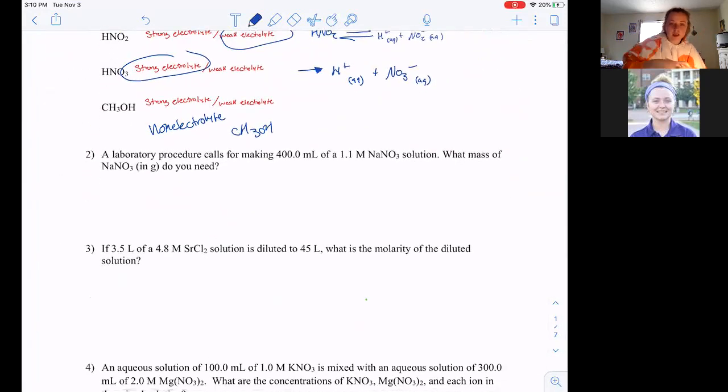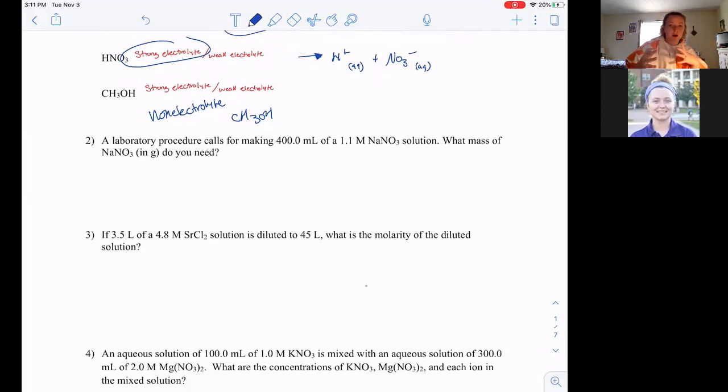We have to make so many of these. We have 400 milliliters at 1.1 molarity. What is the mass? This is where we're doing a lot of conversions. I know that we did conversions. I like to do a little roadmap for myself.